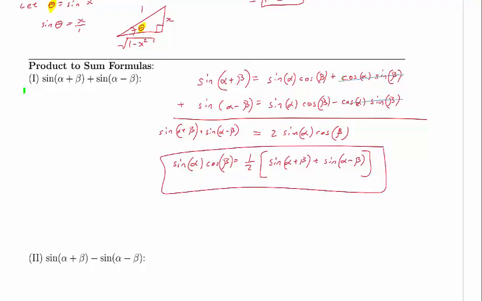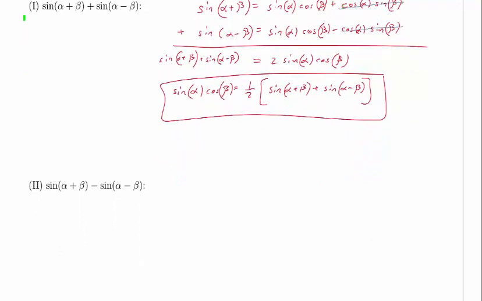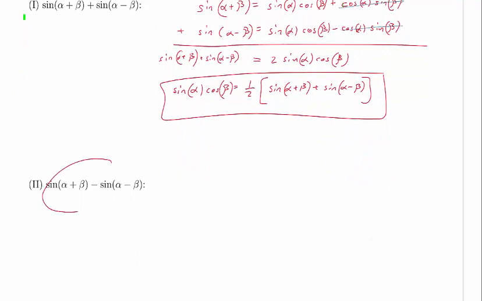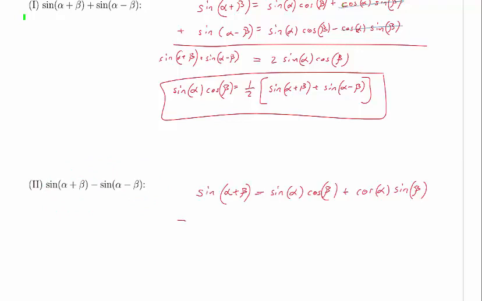And so let's go ahead and keep moving. The next one, note we're using the exact same formulas, but now we are subtracting instead of adding. So let's go ahead and set this up. All right, and this time we are subtracting the next guy. So minus sine alpha minus beta, and that's going to equal negative sine alpha cosine beta plus cosine alpha sine beta.